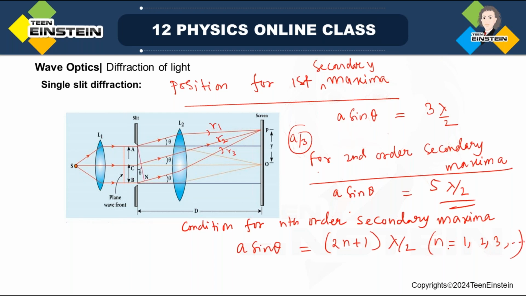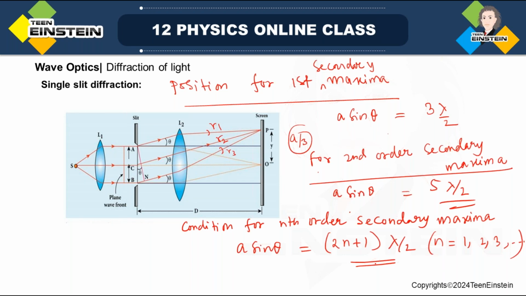So n equal to 1 means first order secondary maxima, which is 3 lambda by 2. This is the condition.